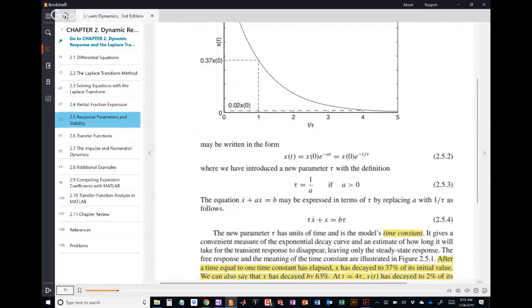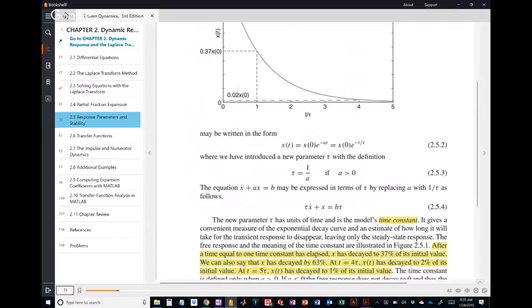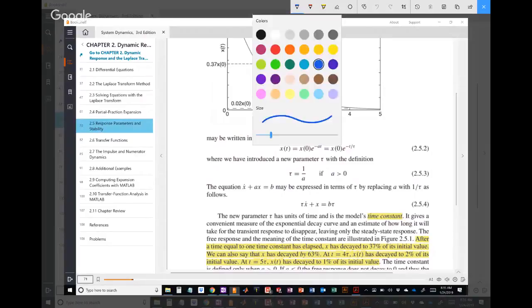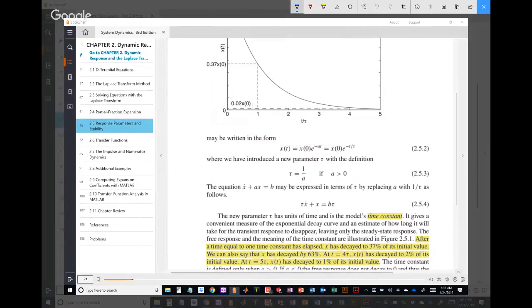It comes to this statement right here: at t equals 4 tau, we say that it's 98% of the way there. So we'll say that that's arrived.